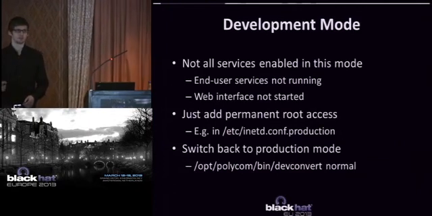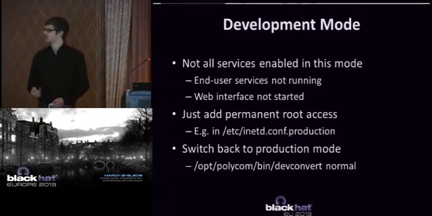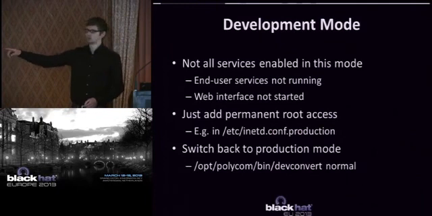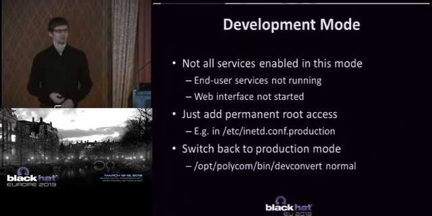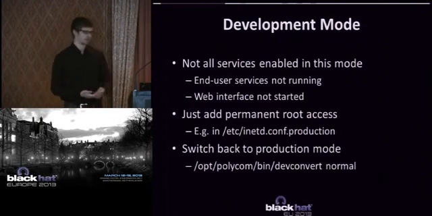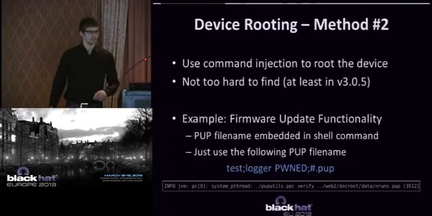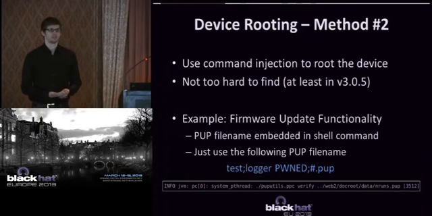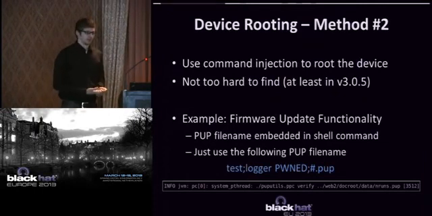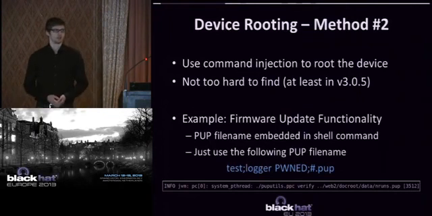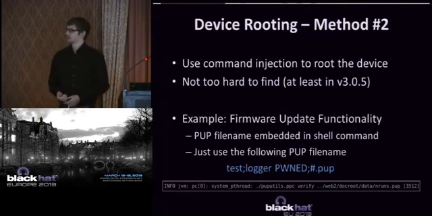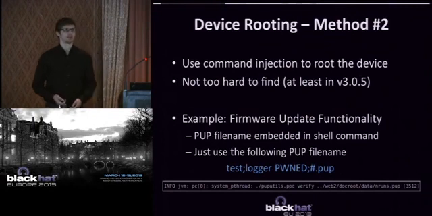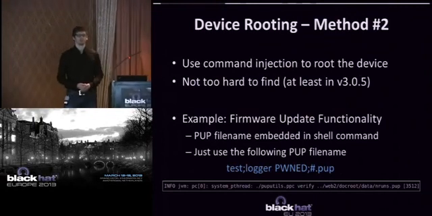If you somehow manage to run a command on the device, you can just call devconvert dummy or devconvert something, and it will automatically reboot the device in development mode. That is the second method we use to root the device, because you can just try to find a command injection in the web interface or somewhere else, and then use it to root the device.